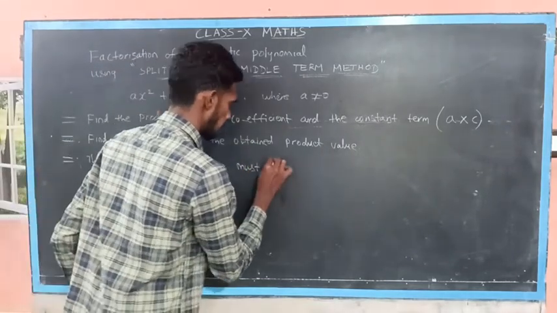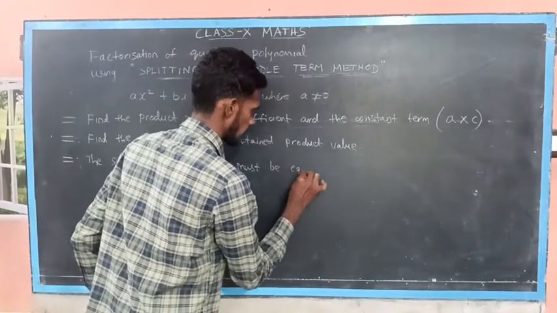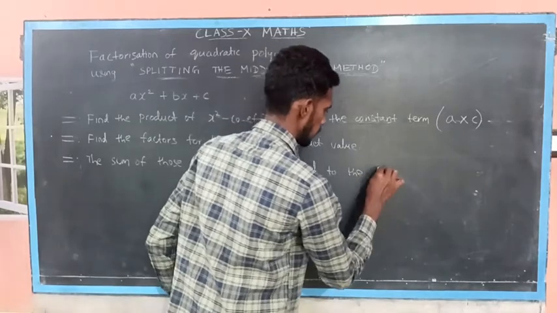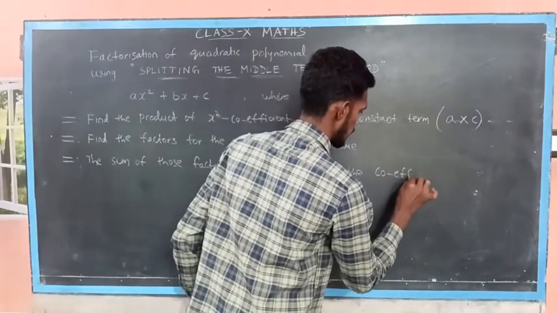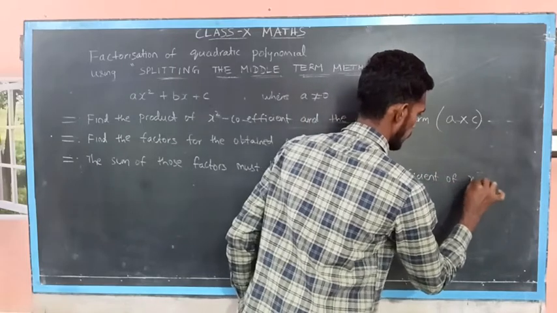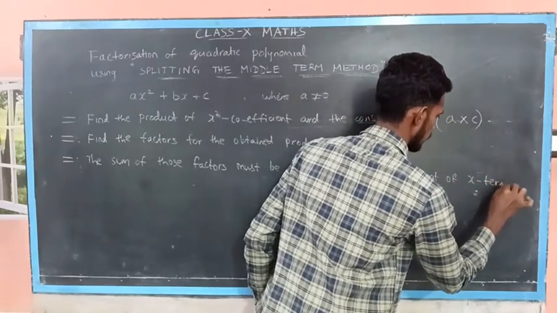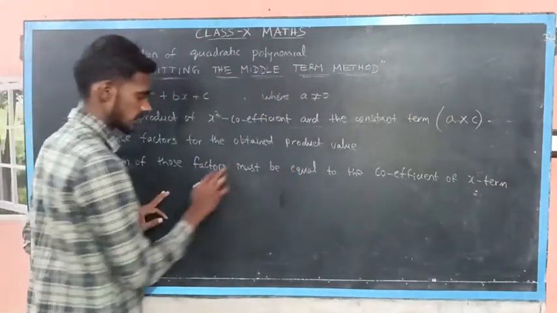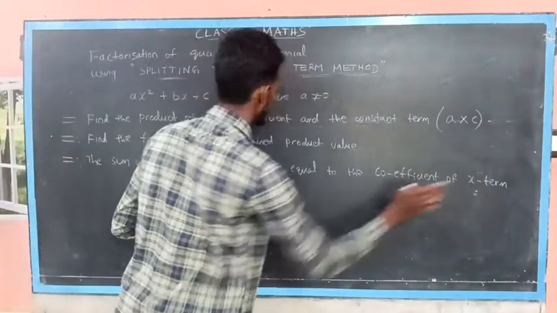must be equal to the coefficient of the x term. See here, the sum of those factors must be equal to the coefficient of the x term.